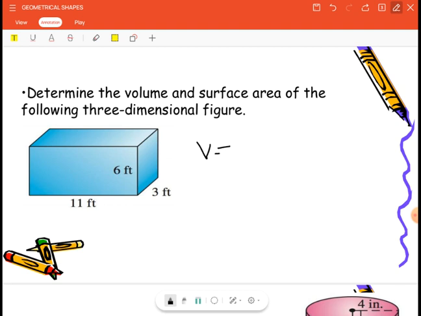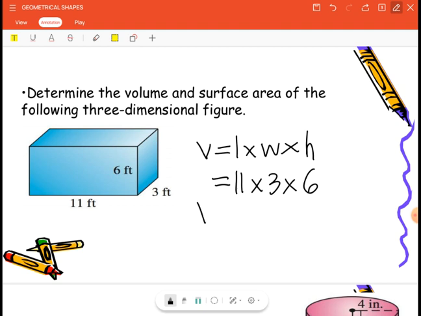Yung volume natin is length times width times height. Okay. Yung length natin ay 11 times width natin ay 3 times height natin ay 6. And that is equals to 198 cubic feet. Okay. Yan.